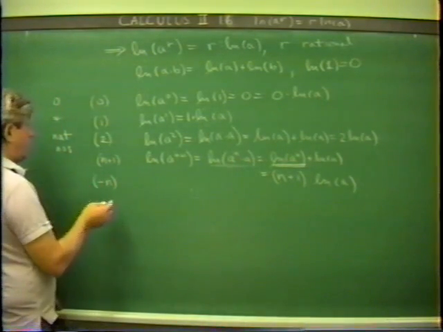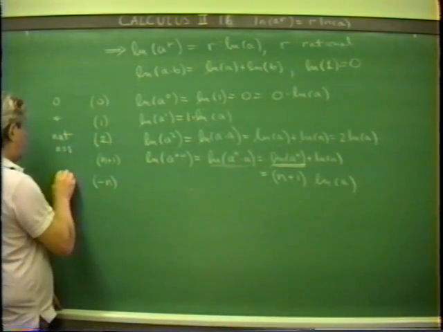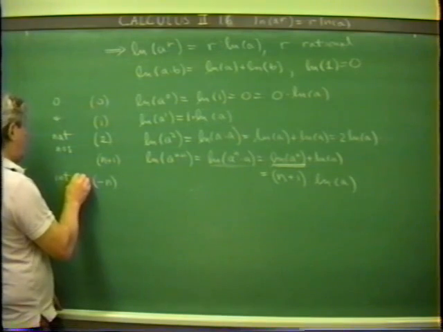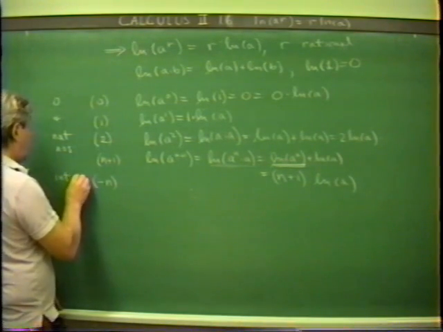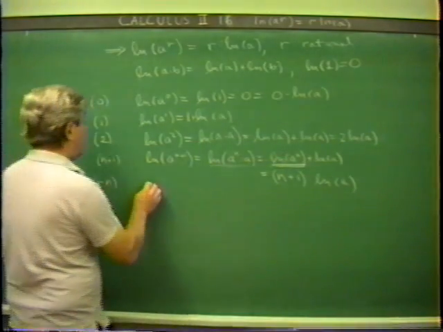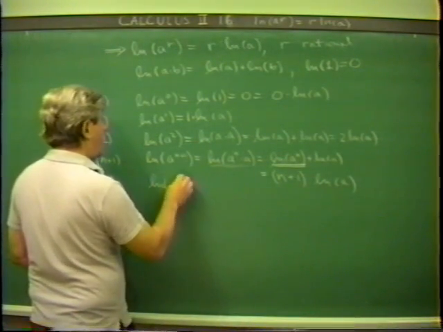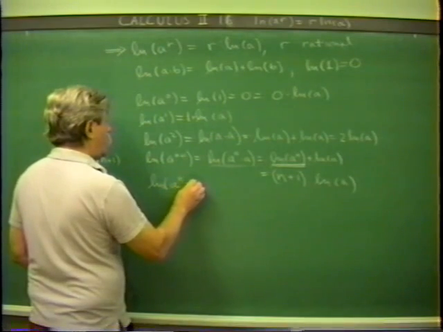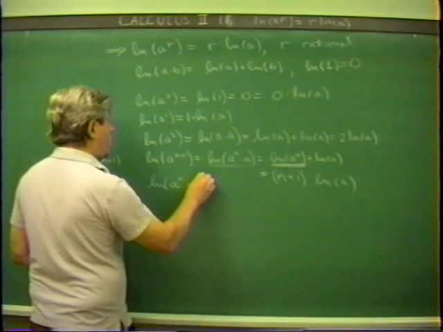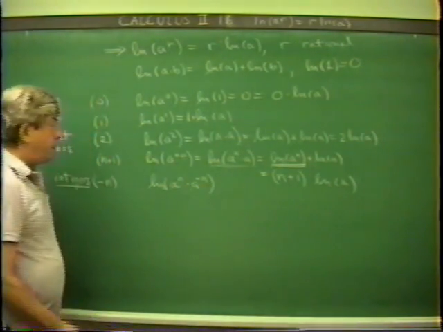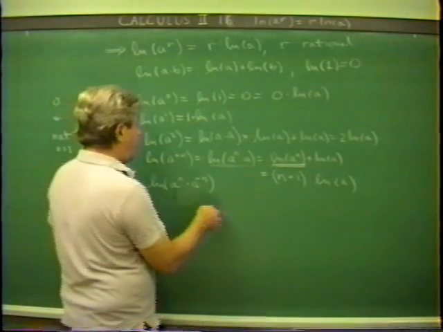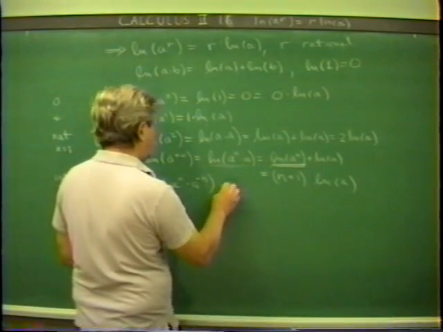We now want to consider the logarithm of a to the minus n, where n is a natural number. When we see that it's true there, then we'll find that it's true for all integers. Right?